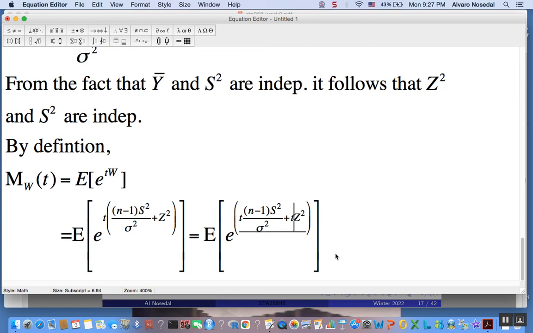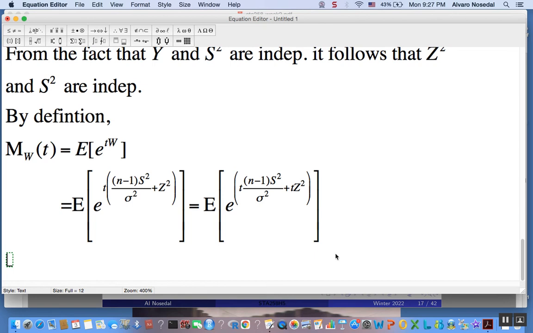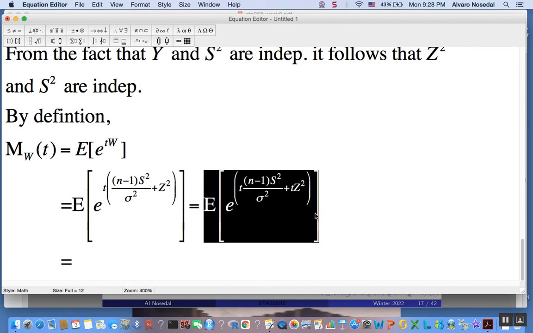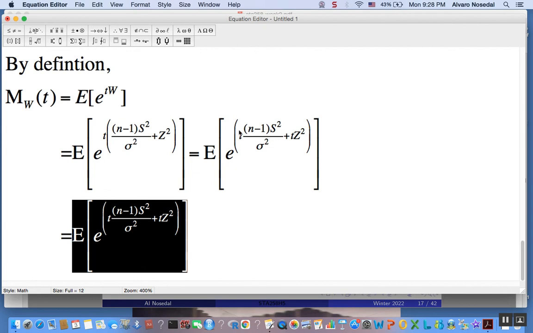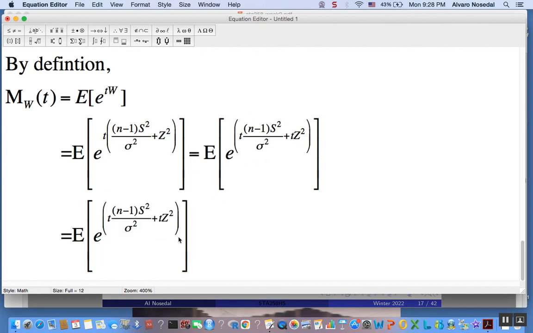But this is where things turn interesting, and that's why we need the independence. First we're just going to be doing a little bit of algebra. So this expression here is equivalent to just that product of exponentials.